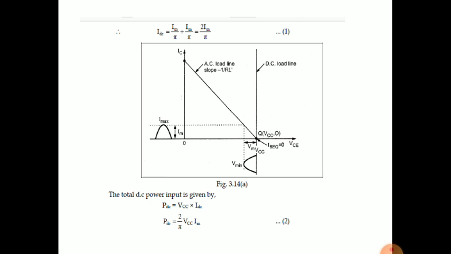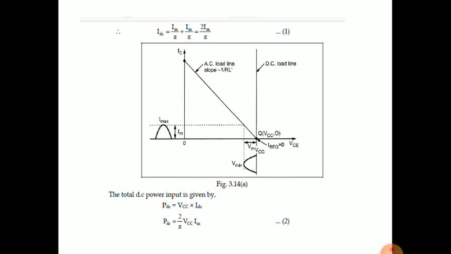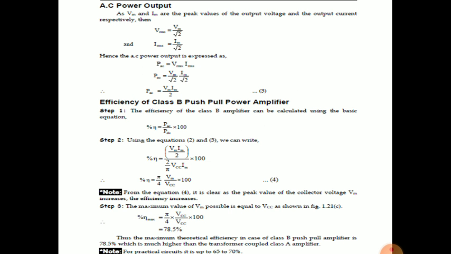The total DC power input is given by VCC into IDC. That is equal to 2 by pi VCC Im. And the AC power output, as Vm and Im are the peak values of the output voltage and the output current respectively. For the AC we need to consider the RMS value.